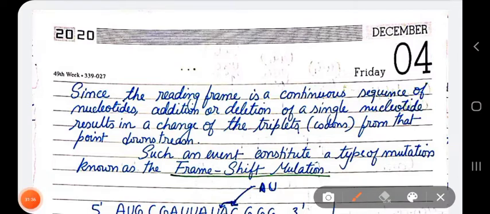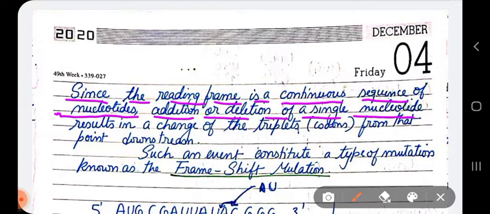Since the reading frame is a continuous sequence of nucleotides, addition or deletion of a single nucleotide will change the codon sequence from that point onwards downstream. So this open reading frame is very specific for a particular polypeptide synthesis.